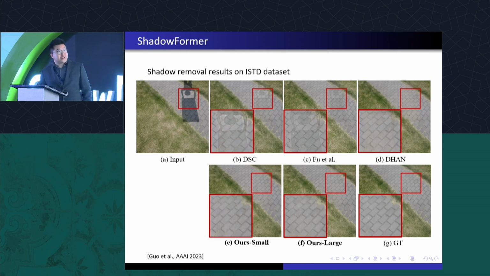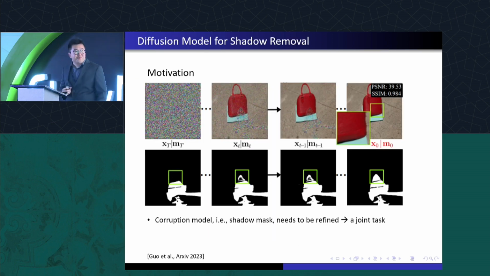So this is some of the recent work, and after this work, my student tried a very similar idea with a diffusion model. I think just now many people mentioned diffusion models, which are also quite popular. Surprisingly, it doesn't work very well. This is the diffusion model my student tried, training a generative process of shadow-free images using the shadow mask given by the dataset.